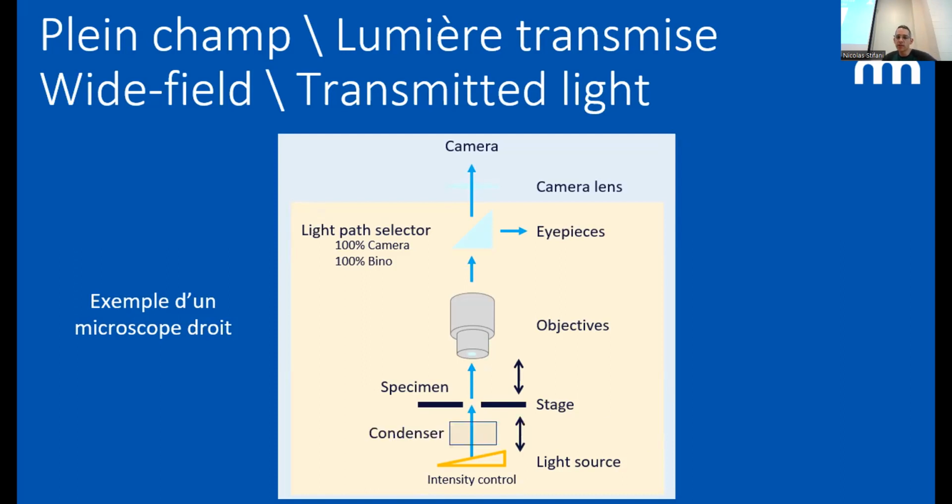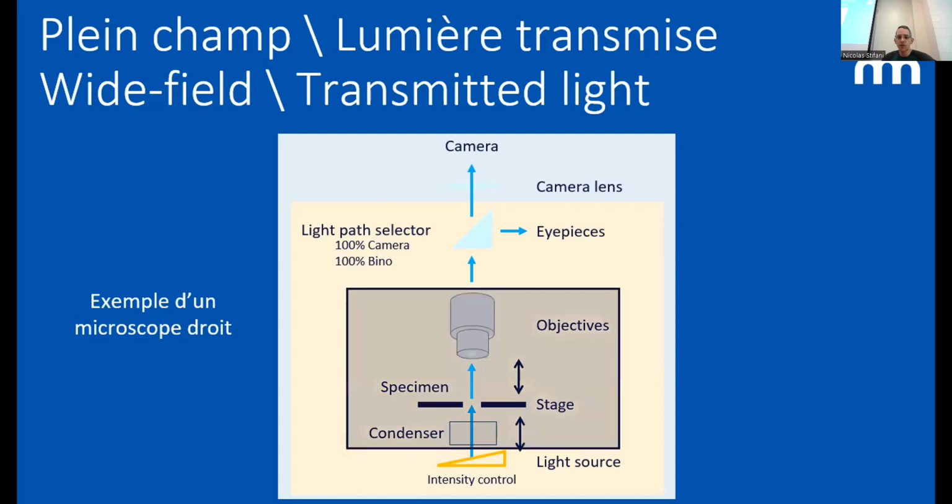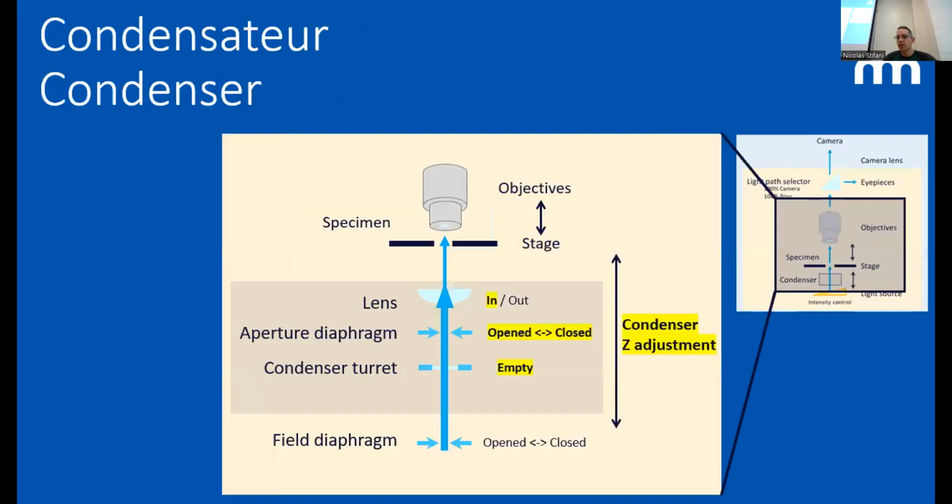But one thing that is important is the condenser that is below the stage. Most of the time, people doing transmitted light microscopy just don't use the condenser because they think it's not useful or because they don't know how to use it. So I'm going to focus on this little part and show you what a condenser is made of, why you should use it and how you should use it.